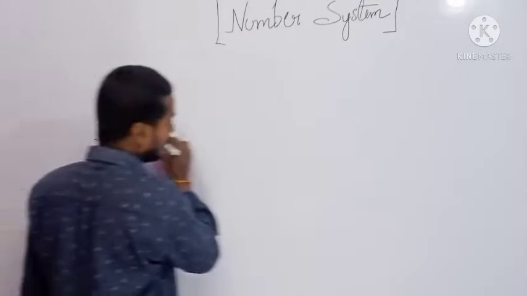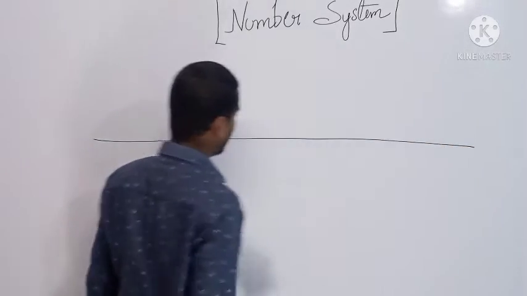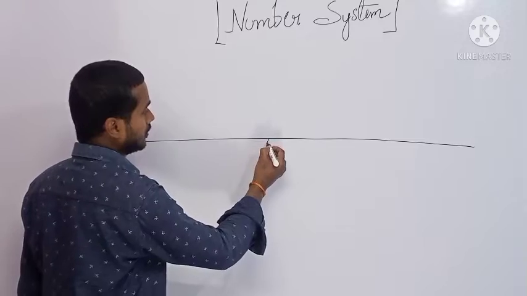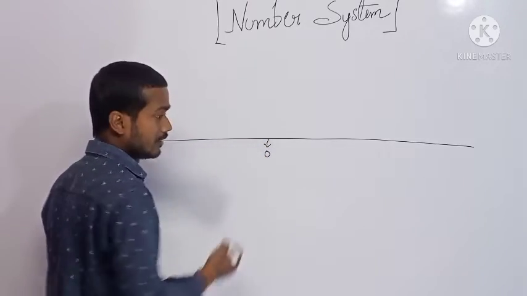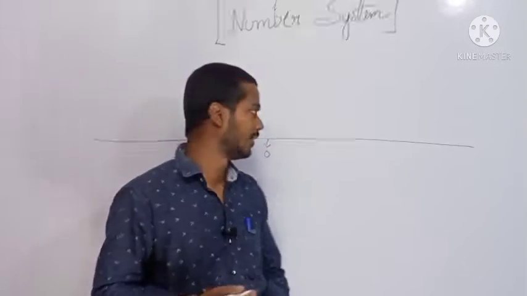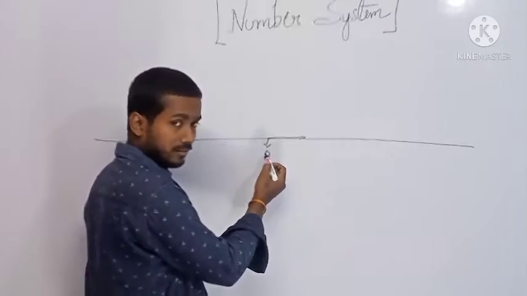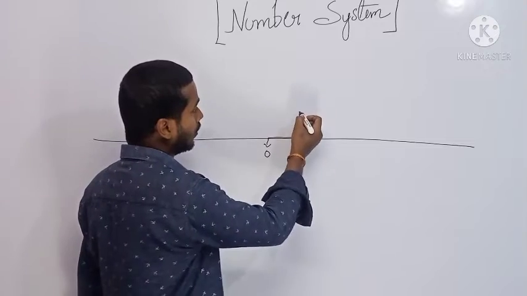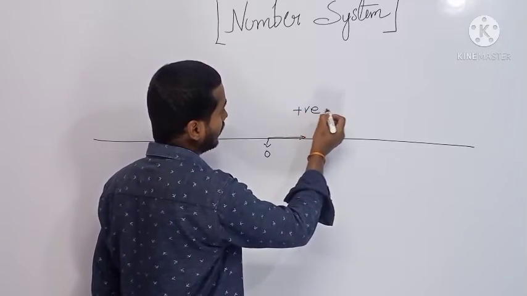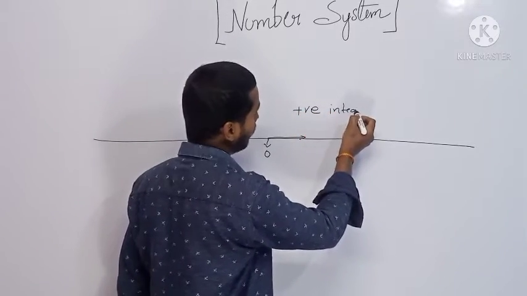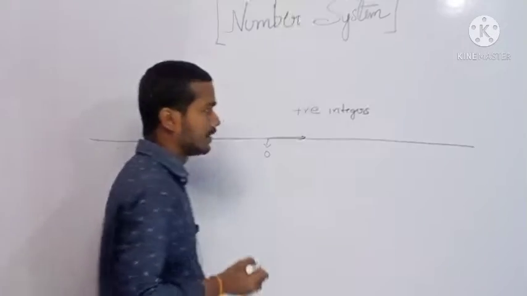So if we draw a number line here, take 0 as the origin of this number line, and if we move towards the right hand side from this 0, we get all positive integers, right?